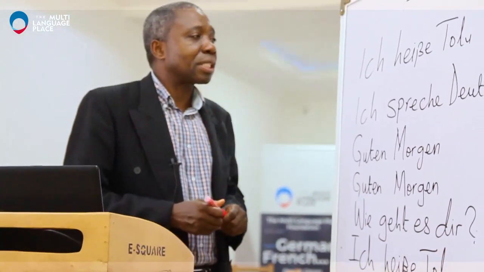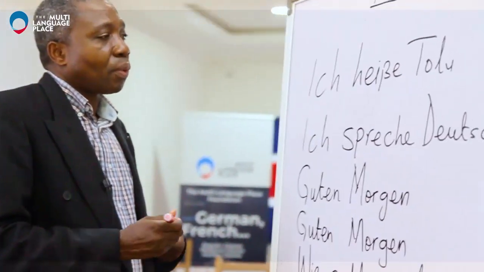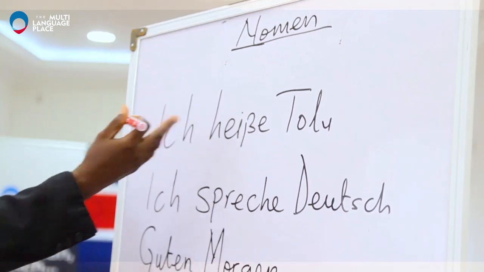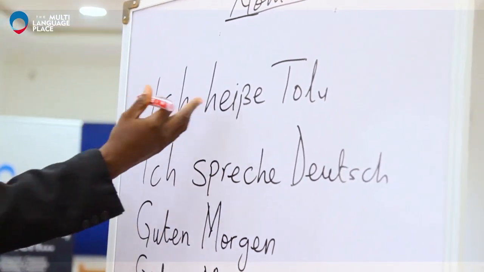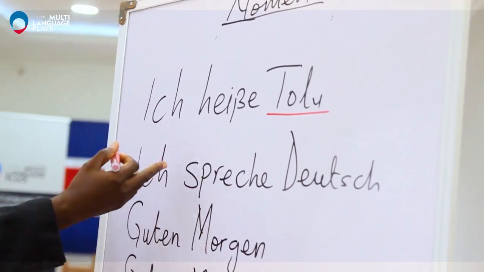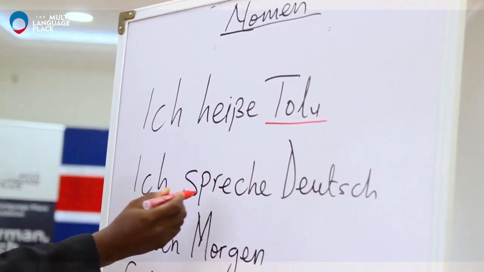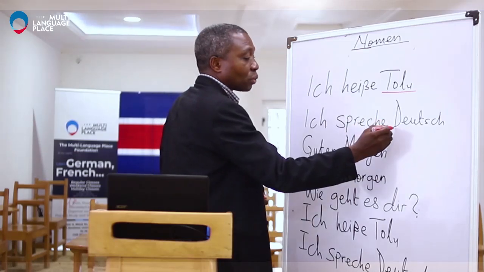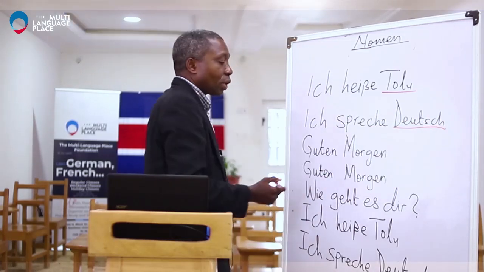And I have, for instance, on the board, we have ich heiße Tolu. Well, we're familiar with this already. Ich heiße Tolu. Here is a noun. Ich spreche Deutsch. Well, this is a new verb. We'll still talk about it later. But then we're looking for the nouns. So we have here Deutsch.